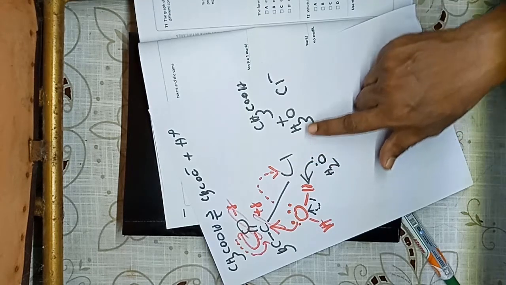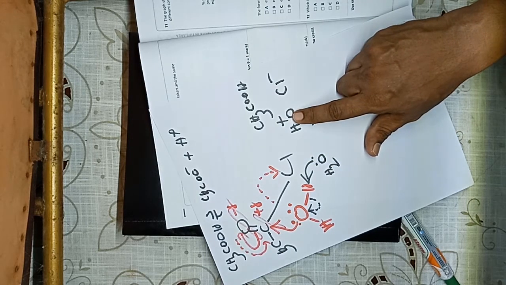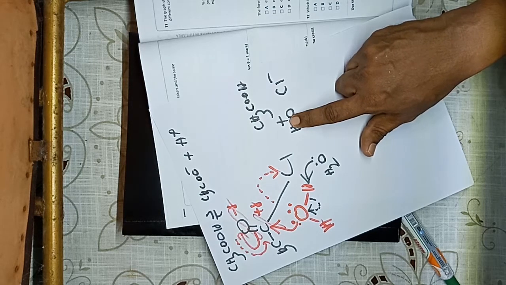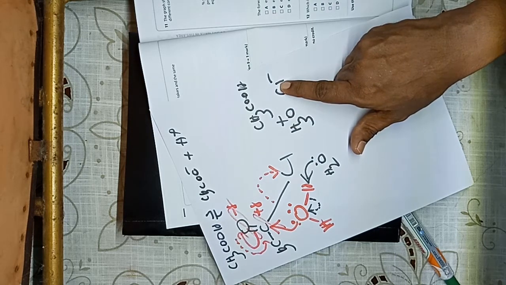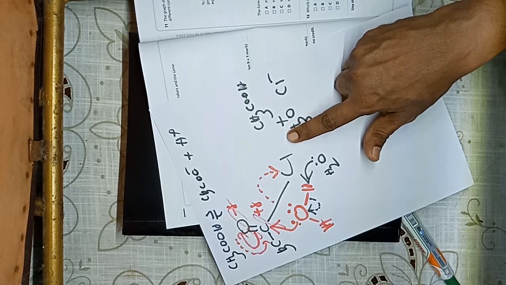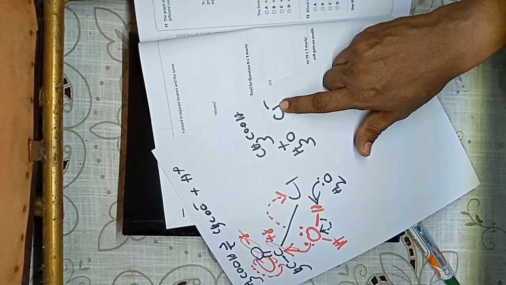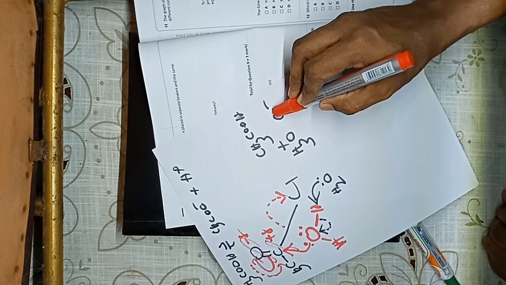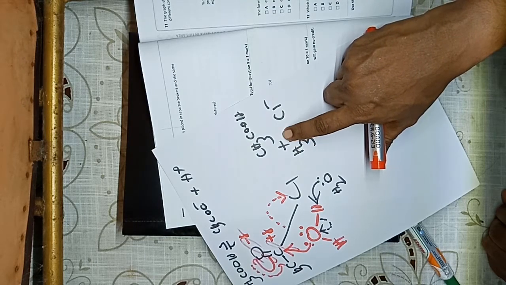Therefore, due to this hydrolysis, there is a sudden increase in H3O plus concentration. Therefore, pH decreases quickly, and Cl minus will not be protonated back because Cl minus is the conjugate base of the strong acid HCl. Therefore, since HCl is a strong acid, Cl minus should be a very weak conjugate base. Therefore, Cl minus remains the same in the medium. Then the H3O plus concentration becomes very much greater.